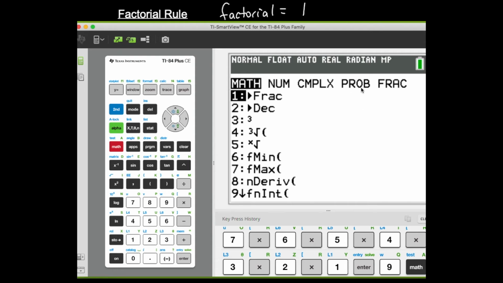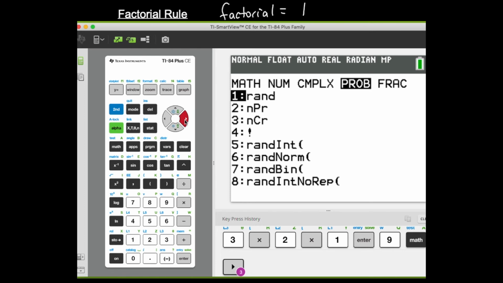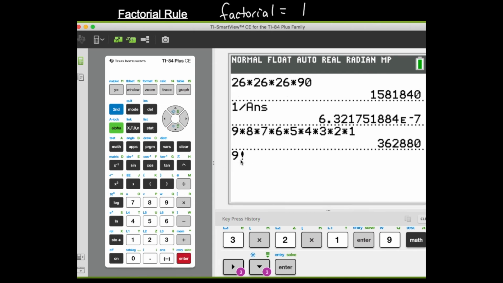Under PROB, we're going to use this a lot today. Under PROB, I scroll over with my arrow. You're going to see the factorial symbol is number 4. I scroll down to pick that up and then enter. So it says 9 exclamation point, 9 factorial, and then enter. And I get the same thing as doing 9 times 8 times 7 times 6, and so on. So there's a trick to do 9 factorial using the factorial key on your calculator.